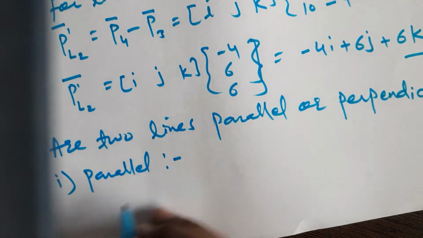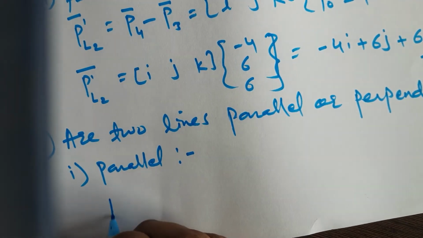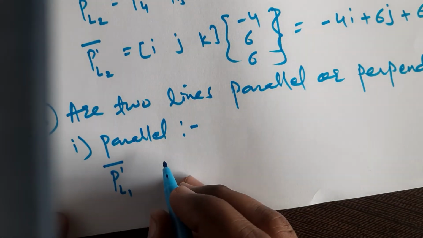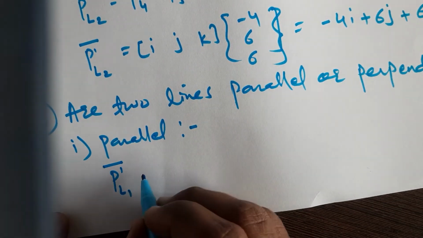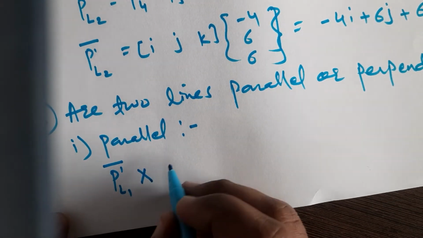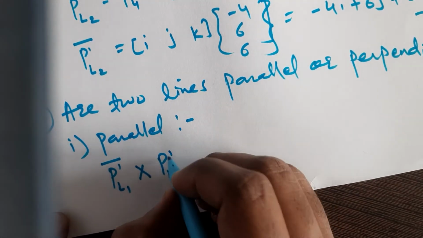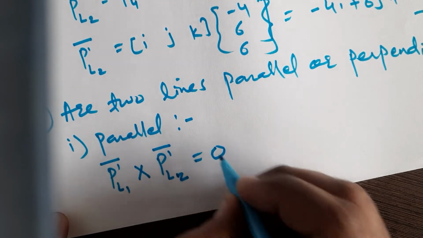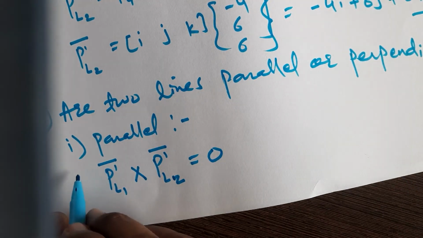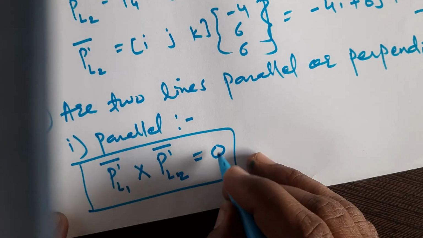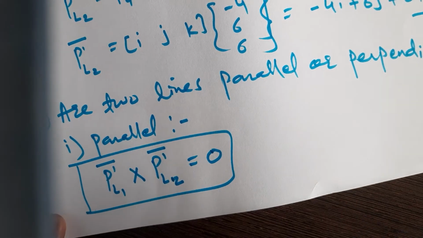Here the tangent vectors are PL1 dash bar, the tangent vector of the first line, and PL2 dash bar. The cross product of PL1 dash bar and PL2 dash bar should be 0. If this condition is satisfied, the lines are parallel. Otherwise, if some value comes out, the lines are not parallel.